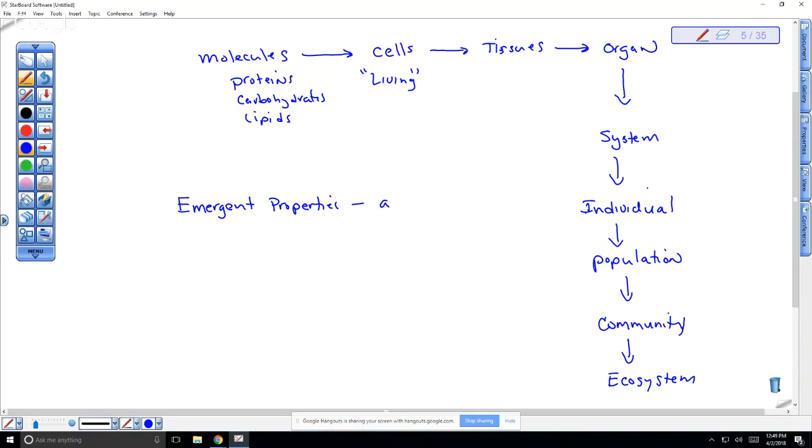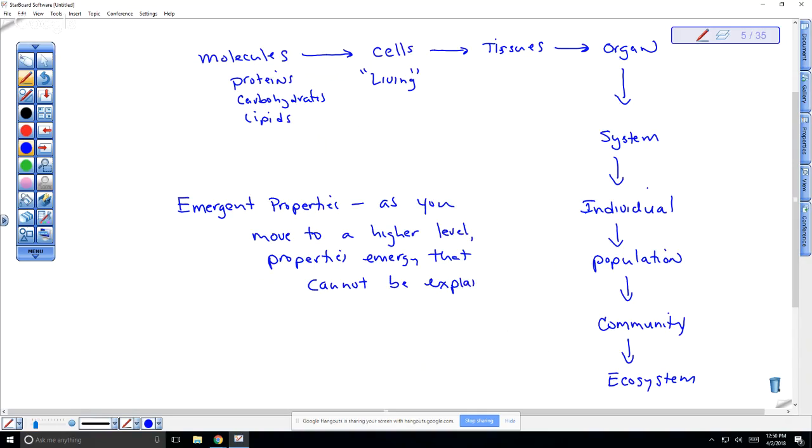Okay, so as you move to a higher level, properties emerge that cannot be explained by the individual components.